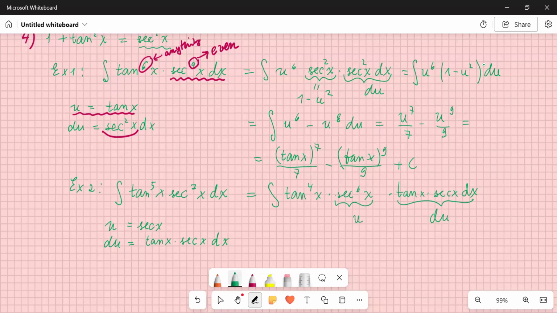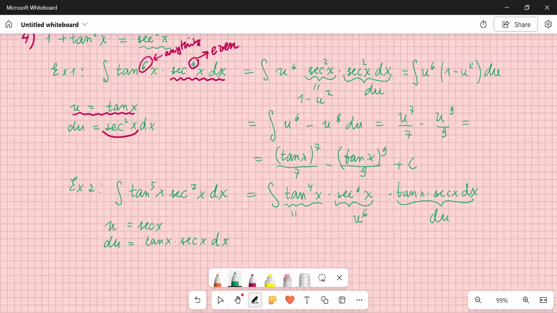Secant is going to be converted into the new variable by itself, and it does not matter what the power of secant is. Tangent is going to be converted into secant using the Pythagorean identity. We'll just need to move this one to the right side, right?